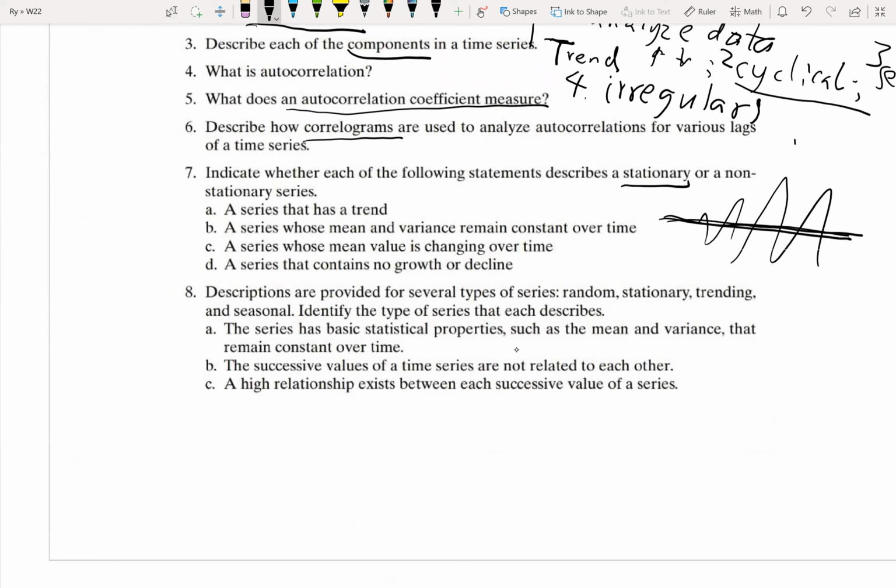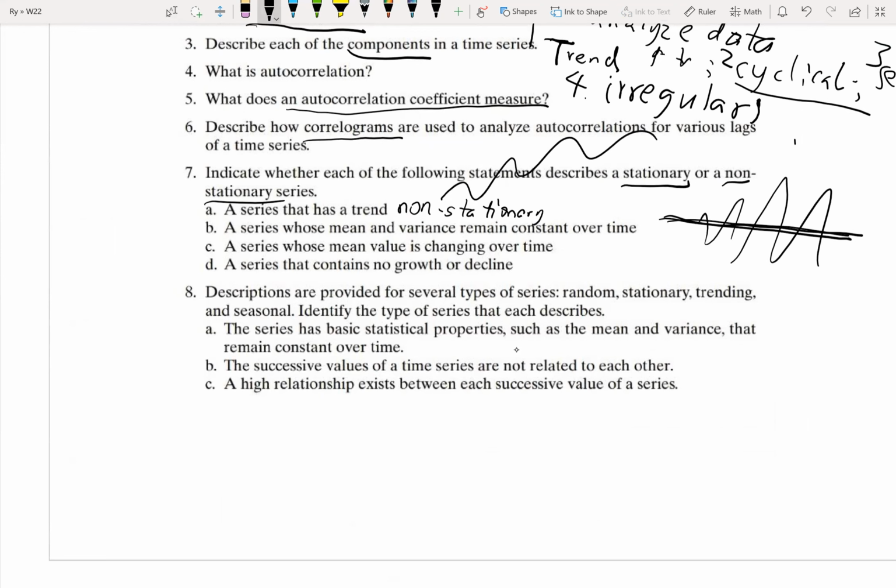Those are stationary. Non-stationary means data changed, has a trend. Okay, question A, a series that has a trend. If data has a trend, is it stationary or non-stationary? Non-stationary.